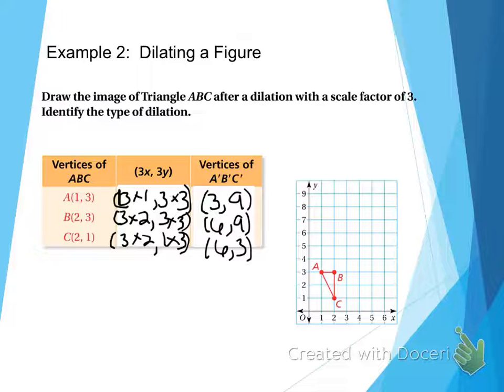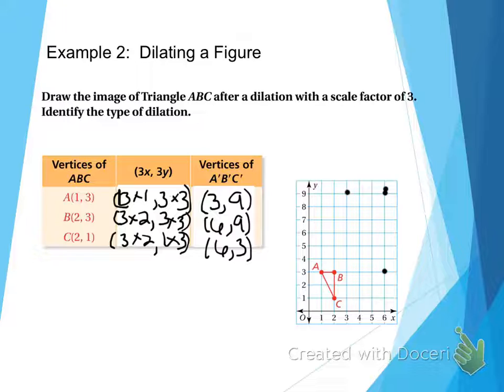So if we go ahead and plot those points, we're going to have 3, go over 3, up 9, over 6, up 9, and then over 6, up 3.